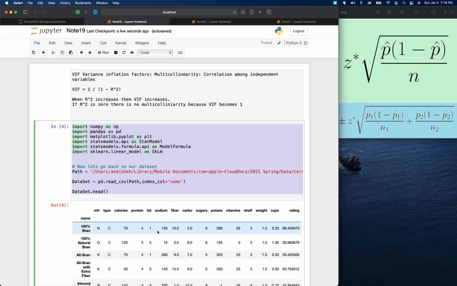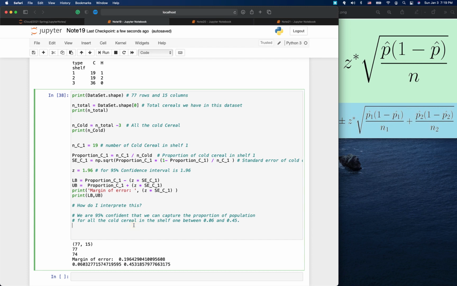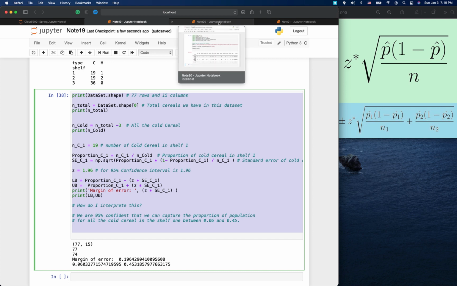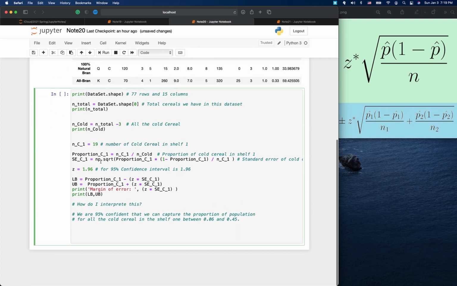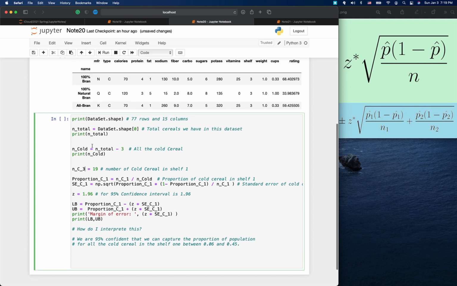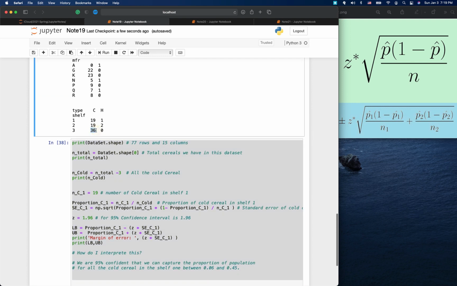And then what I want to do, I want to copy all of these, and then now I want to find a confidence interval for those cereals that are in shelf 3. So those cereals in shelf 3 were 36, right?